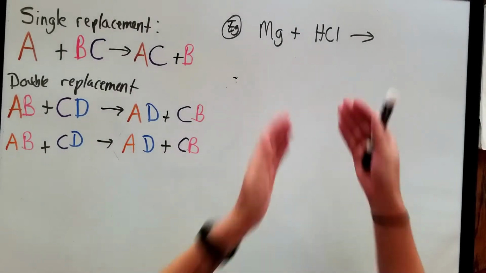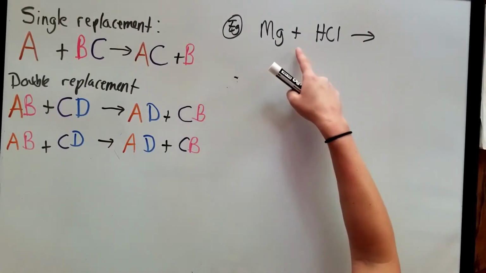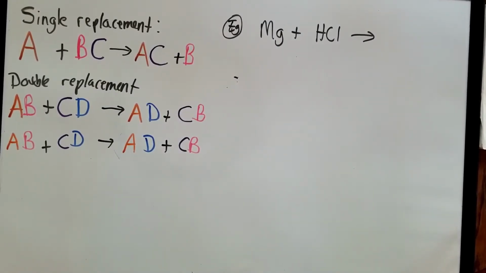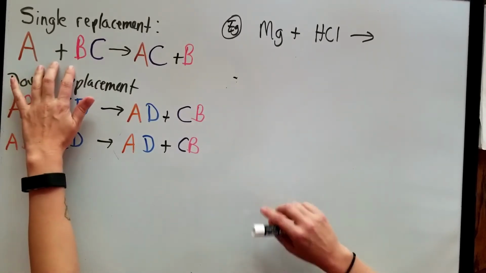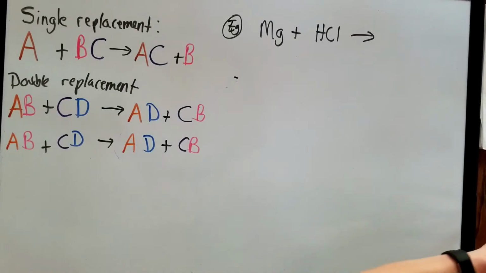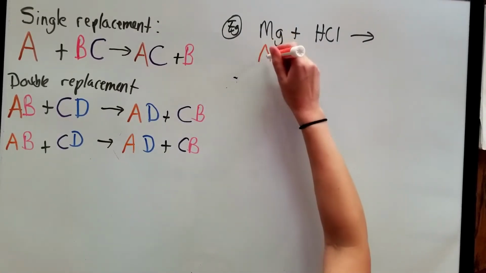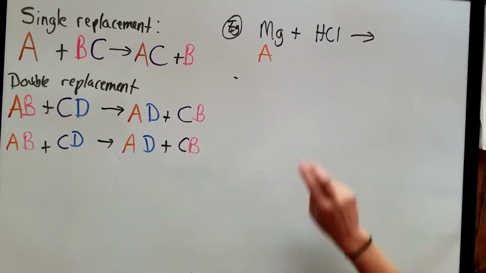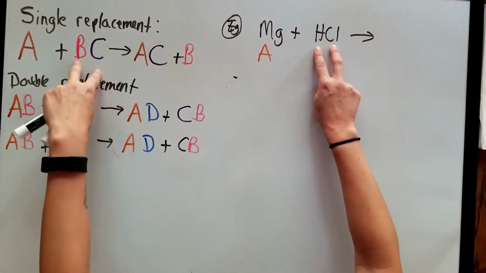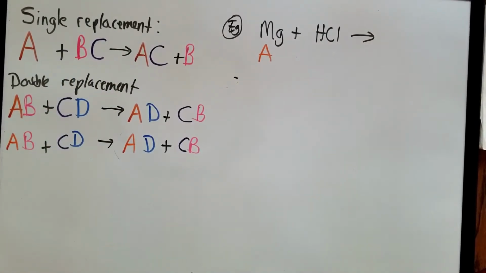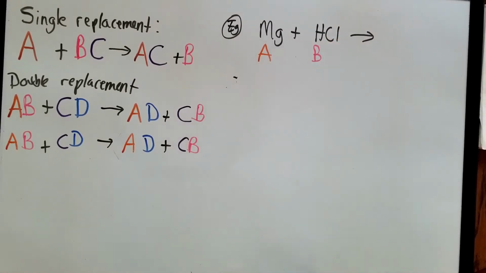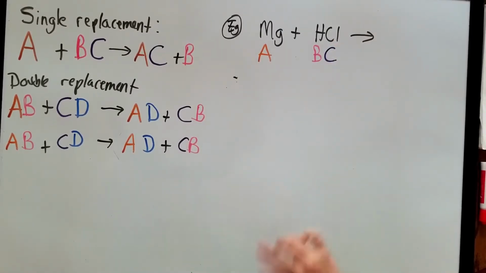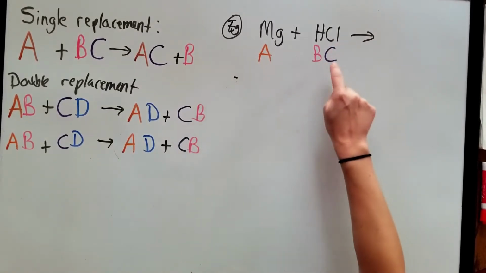If I am given this chemical reaction here, I've got magnesium and I'm adding HCl to it. How do I tell this is a single replacement reaction? Because of the scheme over here. I have an element by itself, magnesium, so that's my A. And then I have a compound, so that's my BC portion, with H being my B and chlorine being my C. So this is a single replacement because I have an element by itself reacting with a compound.